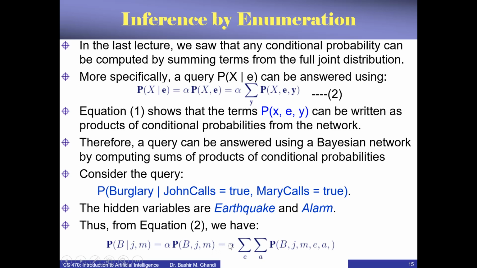And this, according to equation 2, is alpha times the marginal probability of all the 5s, B, J, M, E, A, but marginalizing over A and then marginalizing again over E. Okay, so this is basically the formula.